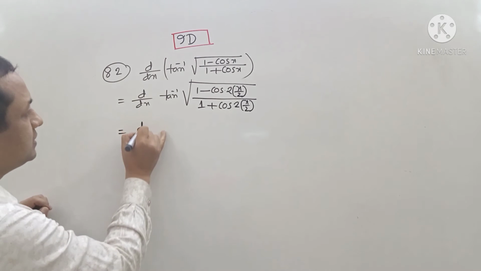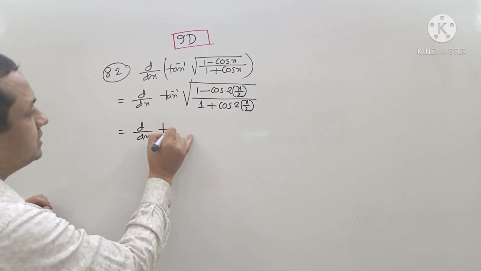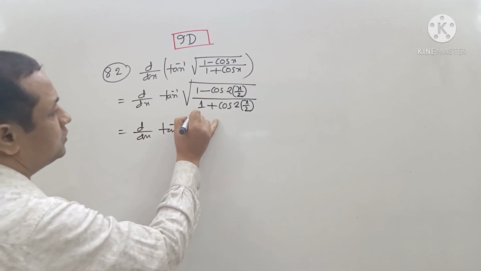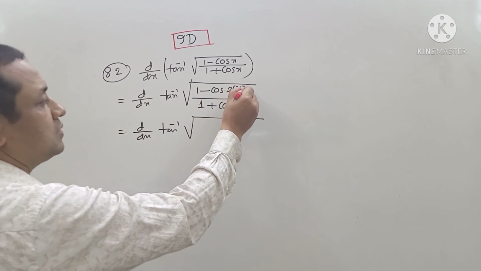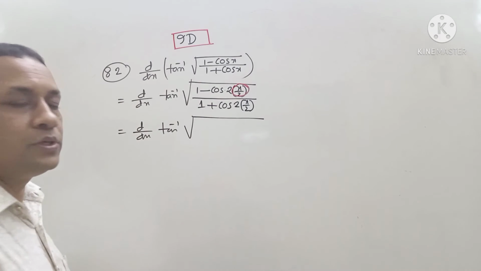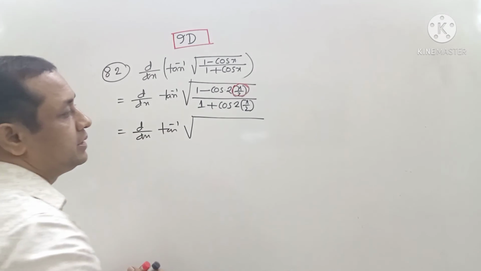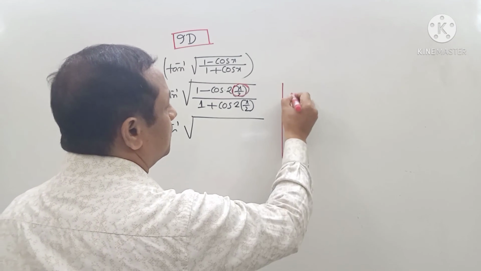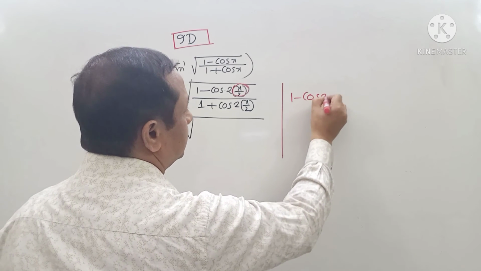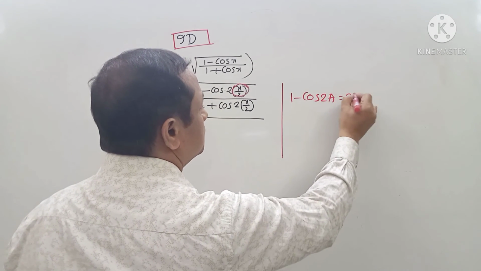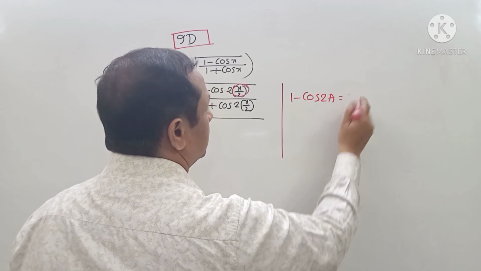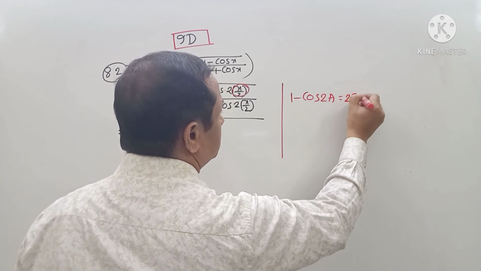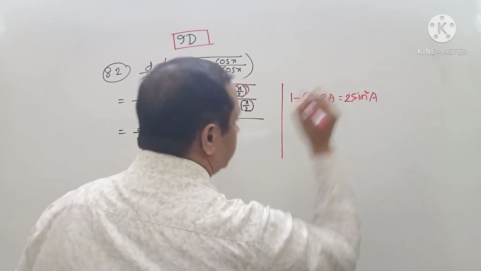Now d/dx of tan inverse root over, now using the formula 1 minus cos 2a. So student, you have learned the formula 1 minus cos 2a equals 2 sin square a.